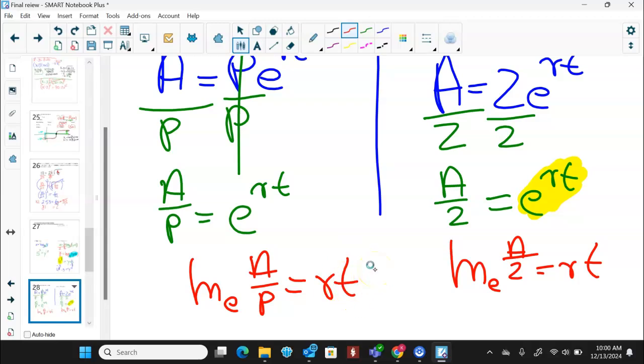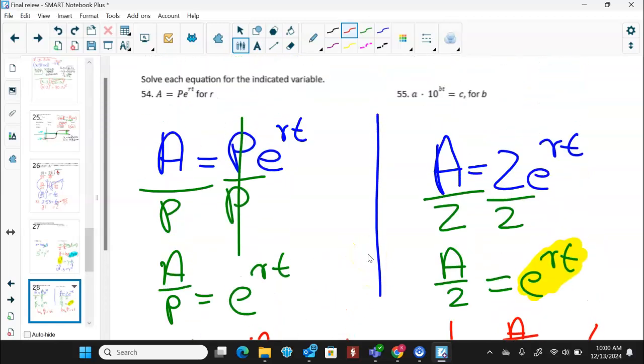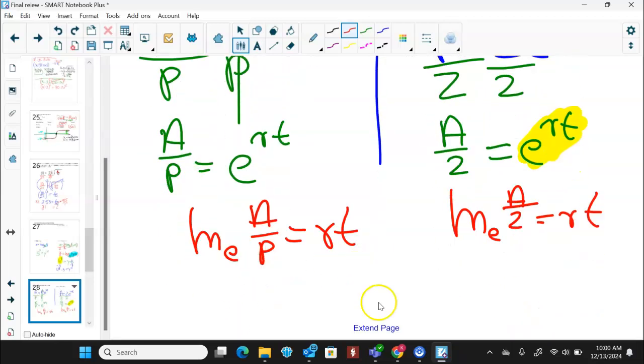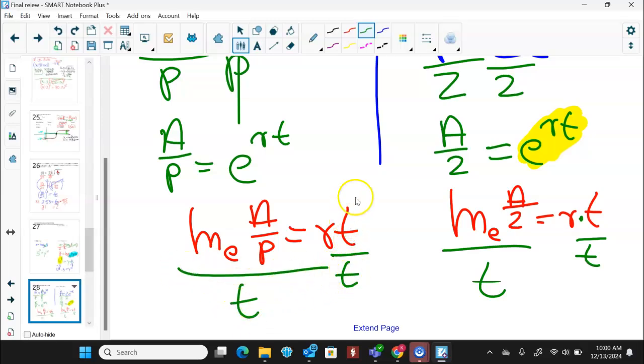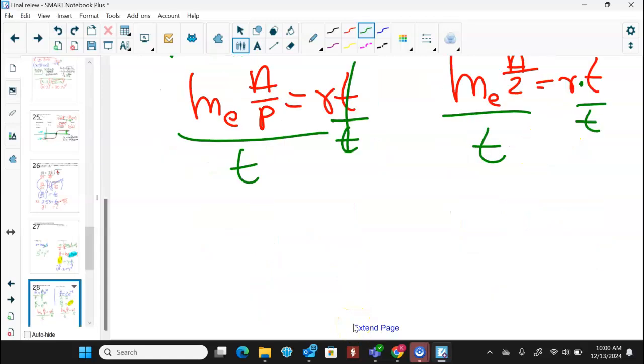Now the only thing left, since we are solving for r, is to get rid of the t. So we would divide, because again, there is no plus or minus, by t, and then here we will divide by t as well, okay? So you will end up having a function that is r equals ln of A over P, like this, over t.